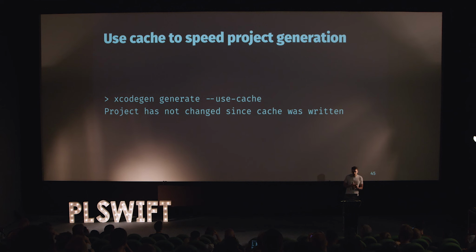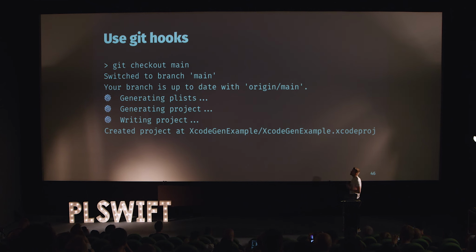And the next good practice is using Git hooks. XcodeGen generate will be a command which you will use a lot. Each time you switch branch or check out a new commit, you should run XcodeGen generate, because one of your colleagues might have added a new file, so you need to run generate so it's included in your Xcode project, so you can run your project.